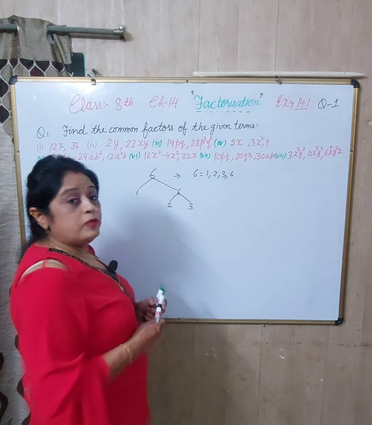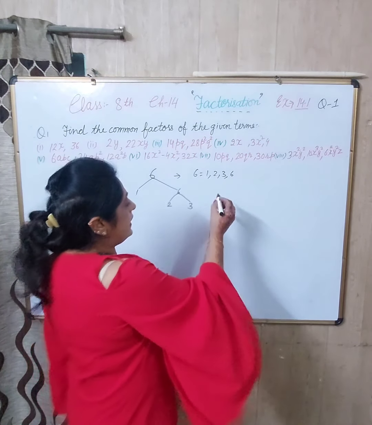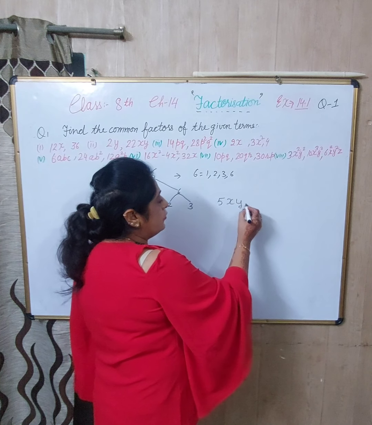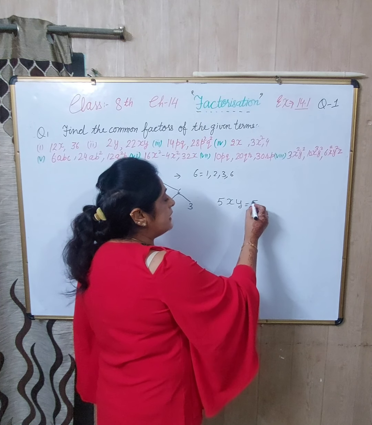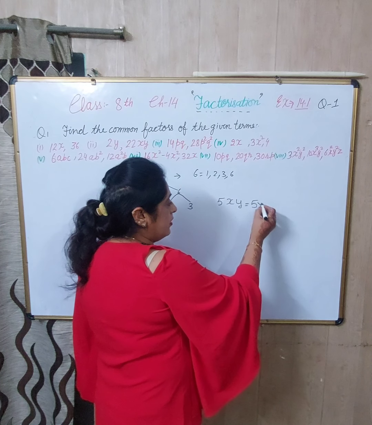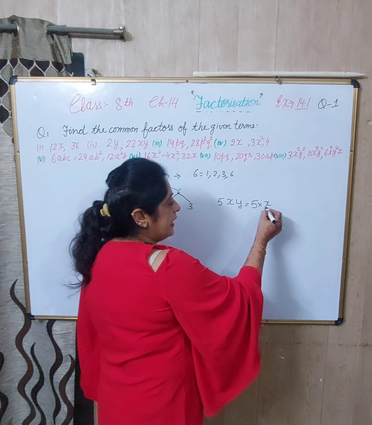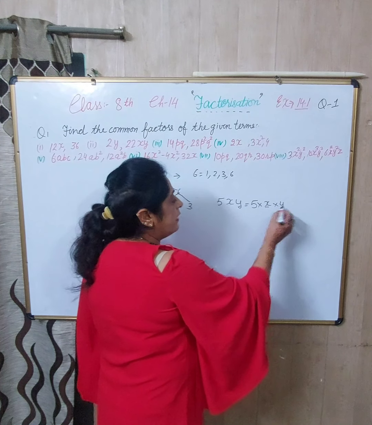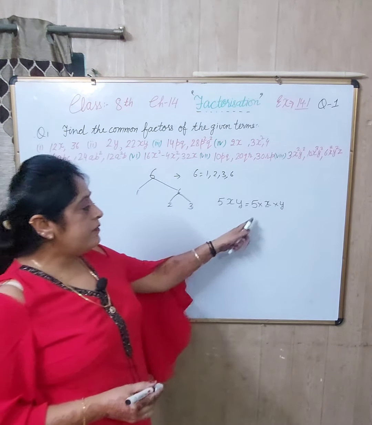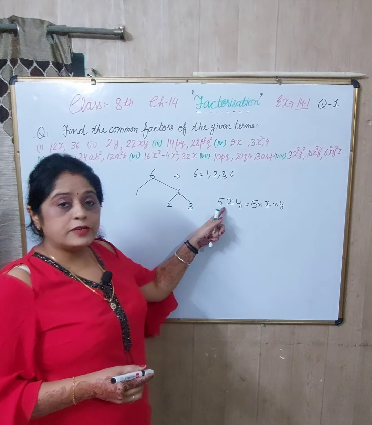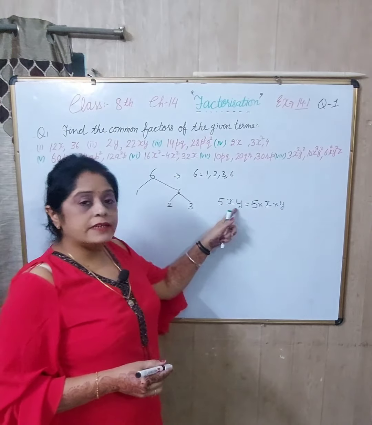If we talk about an algebraic expression, like 5xy, I can write 5xy as a product of variables also. 5 is a numerical number, x is a variable and y is a variable. 5, x and y are the factors of 5xy.